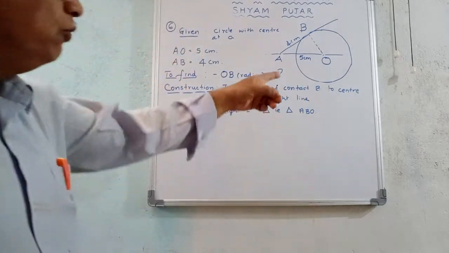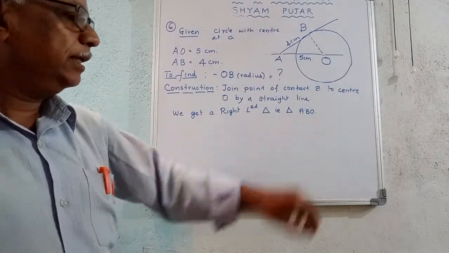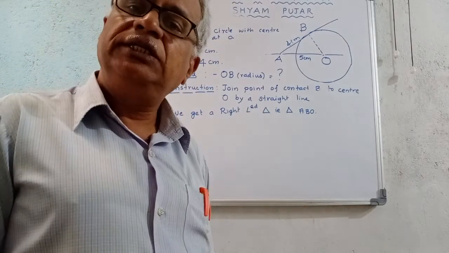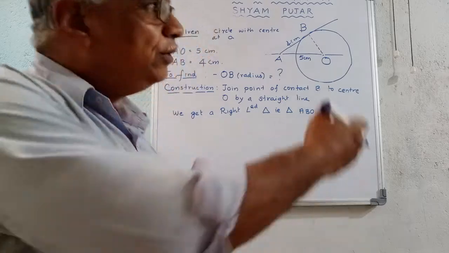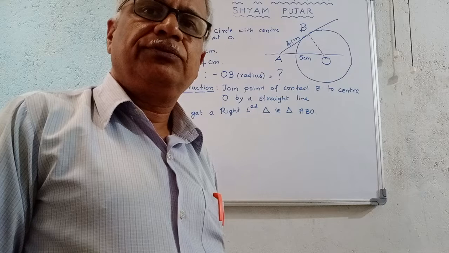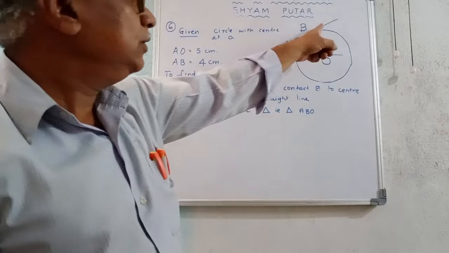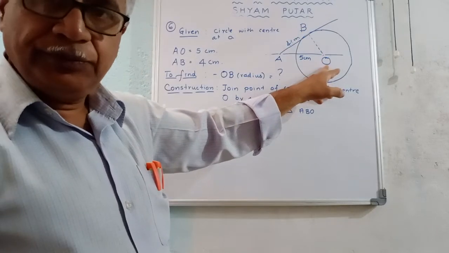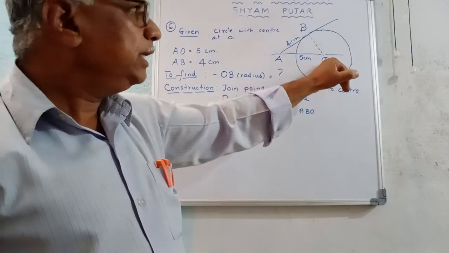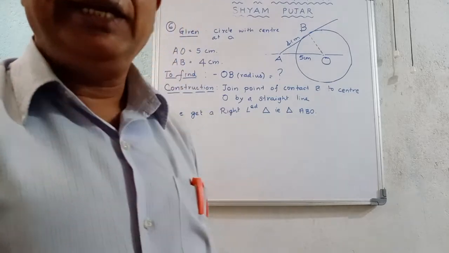So now we have to find out OB. And we also know that it's a right angle triangle. But how is it a right triangle? Who told that it's a right triangle? Whenever a tangent is drawn to a circle, the tangent and the line joining the center to the point of contact make an angle of 90 degree.